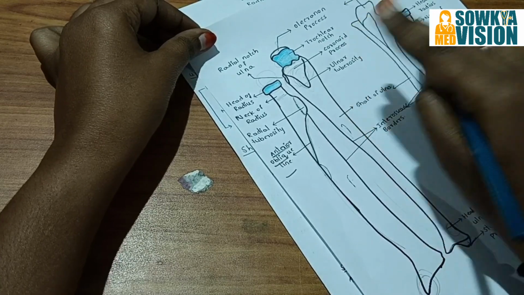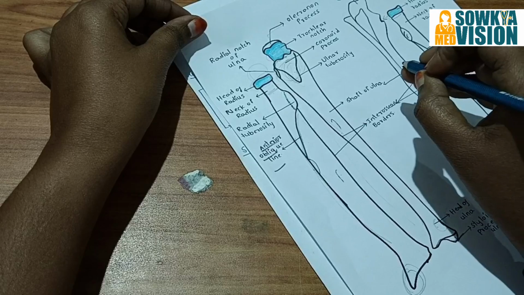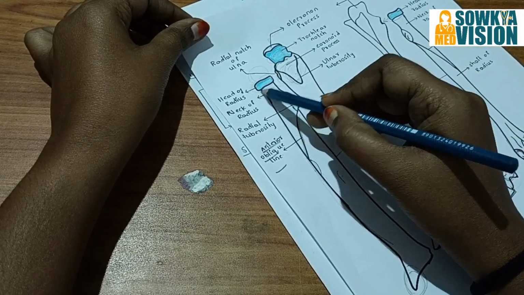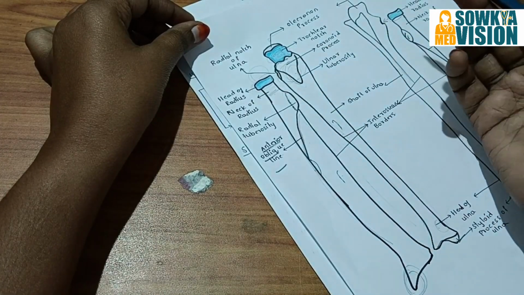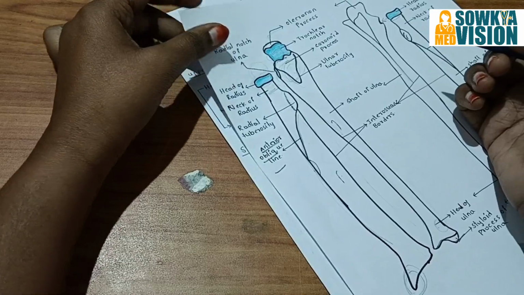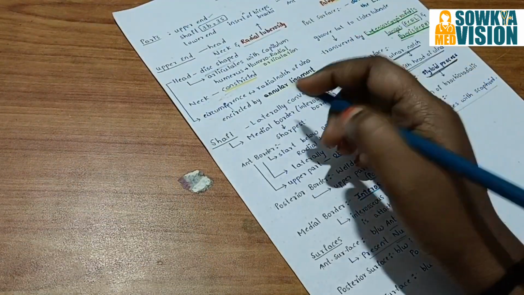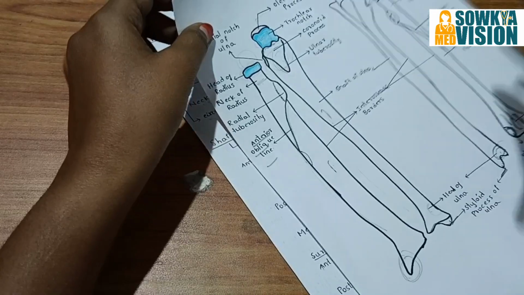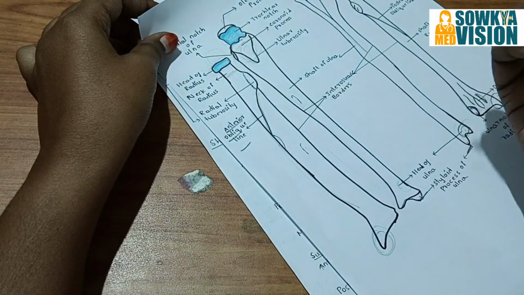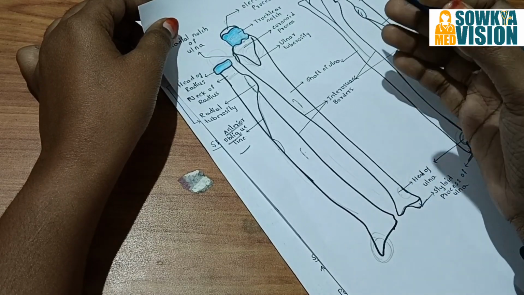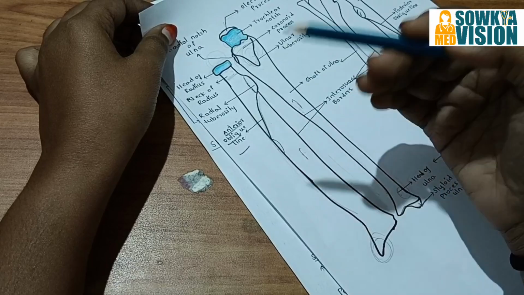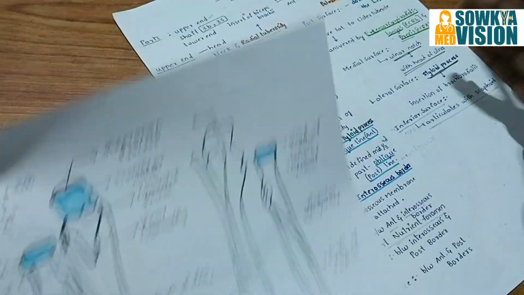There are two joints, superior and inferior radio-ulnar joint. So the head of radius, circumferenced, is articulated with the radial notch of ulna, forming the radio-ulnar joint. And here it is encircled, surrounded by the annular ligament. Remember this, it is encircled by annular ligament.